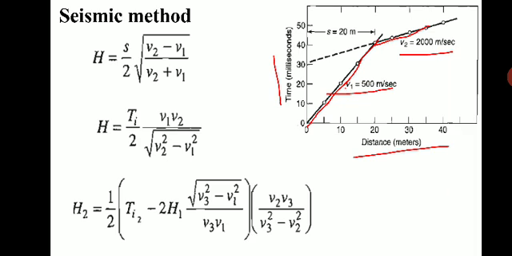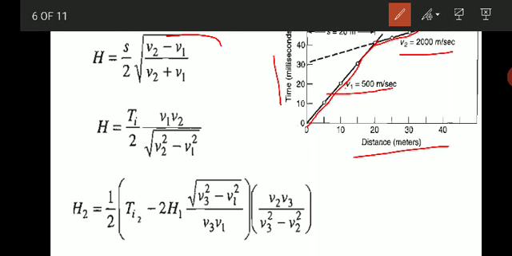This type of curve is called a time travel curve. By knowing the distance to the first point on the curve where a change in the slope is indicated, the depth of the rock layer can be computed from the first equation, this one.